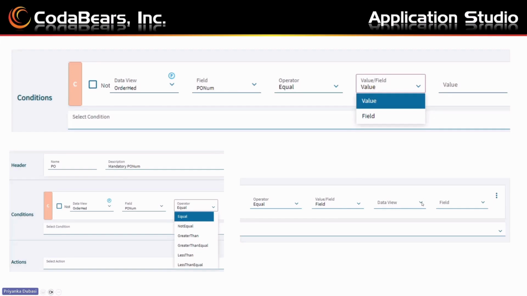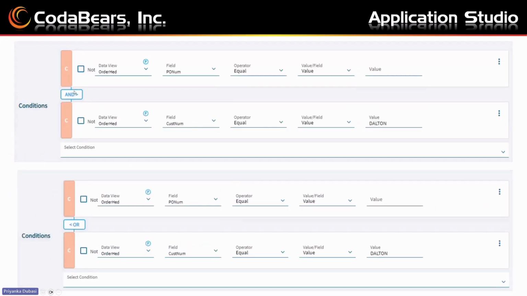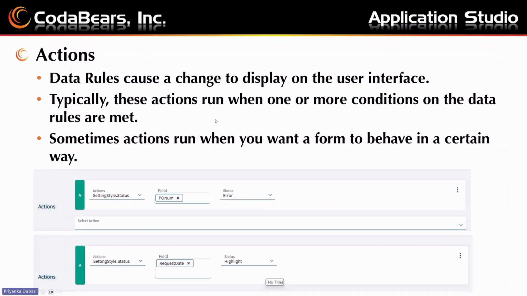Now that could be a different data view again, and the field from that specific data view. It doesn't always have to be a value, but it could also be from a different field that you're specifying this value in. And then you can have multiple conditions, and you can change this to either an and or an or condition here based on what you're trying to do. And then once all those conditions are met, then you have your actions.